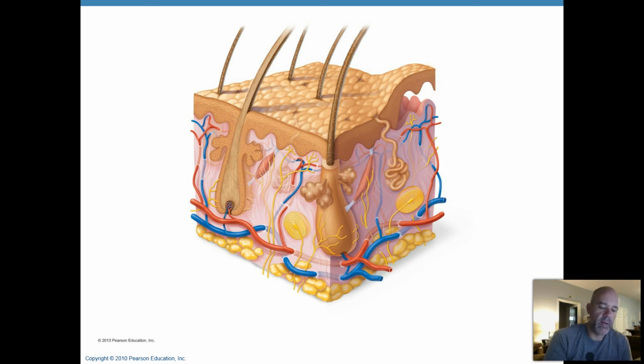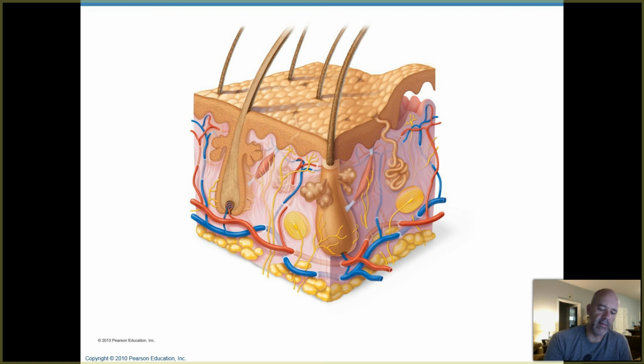All right, now let's talk about the dermis. Moving on down here, we've got lots of things going on. So the dermis, again, from here to here, that's your dermis. The dermis also has two sublayers.